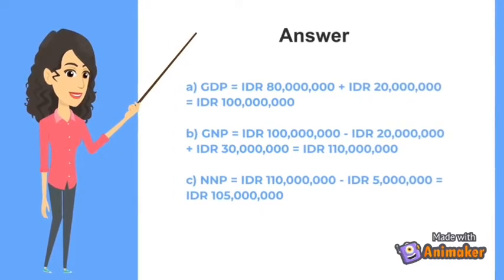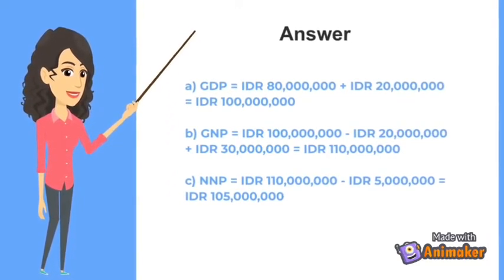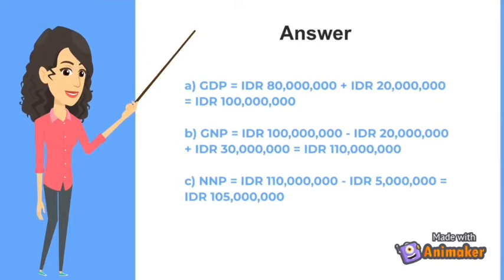Answer. A. GDP equals IDR 80 million plus 20 million Indonesian rupiahs equals 100 million Indonesian rupiahs. B. GNP equals 100 million Indonesian rupiahs minus 20 million Indonesian rupiahs plus 30 million Indonesian rupiahs equals 110 million Indonesian rupiahs.